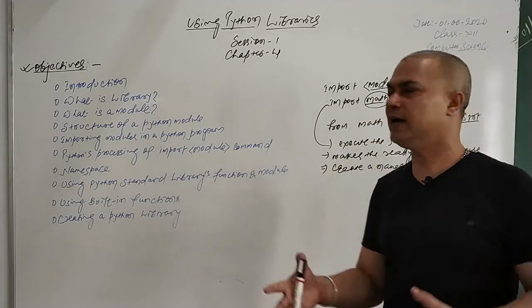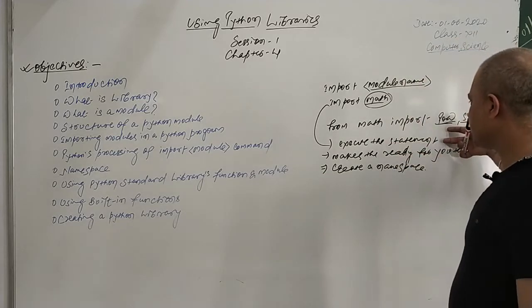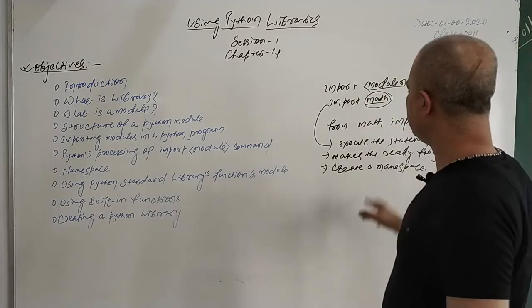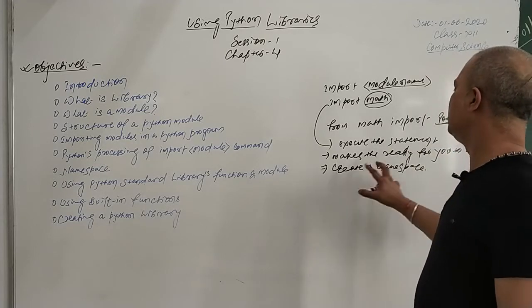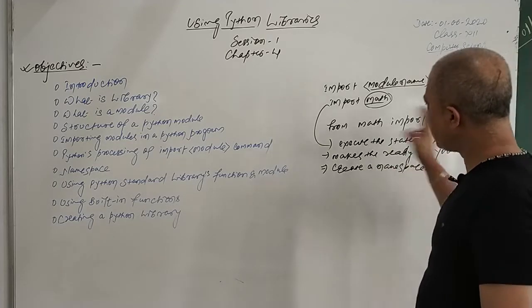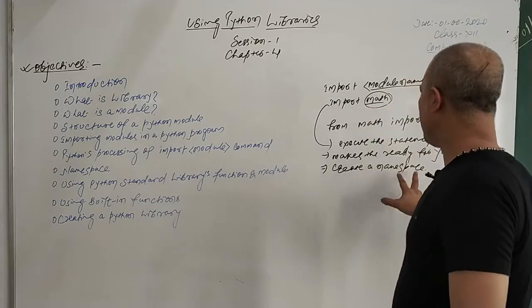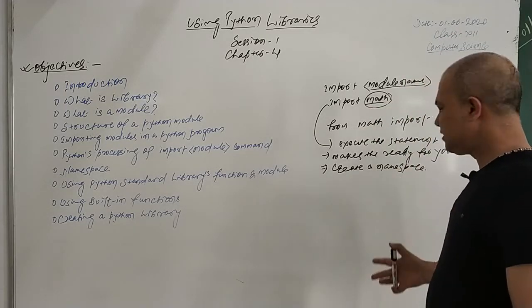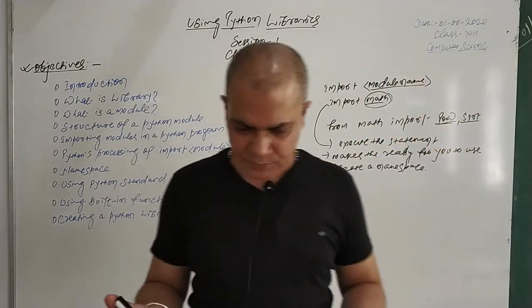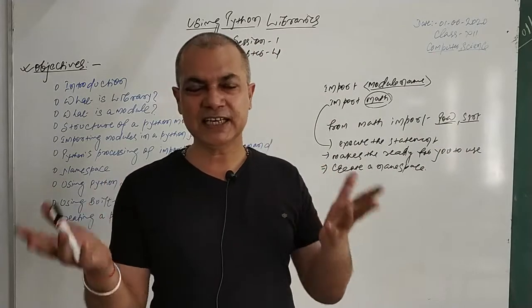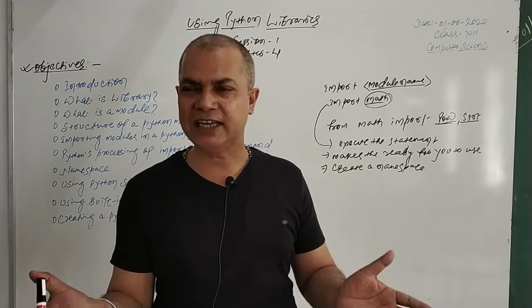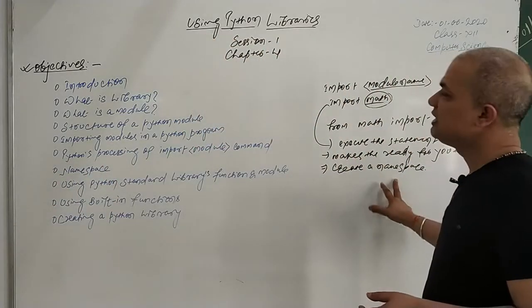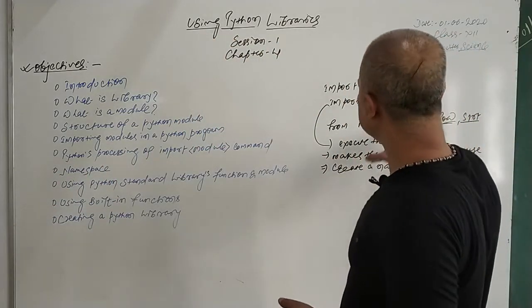First, execute the statement; then make all the functions and variables ready to use; and create a namespace with the same name as the module name in your Python program, so that if there is an ambiguity in the name, then you can use the namespace dot that. I'll discuss the namespace, but these are the three things.